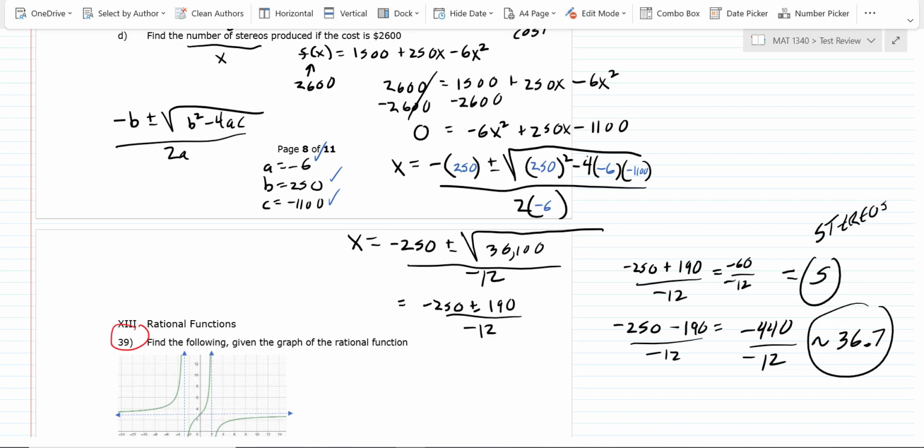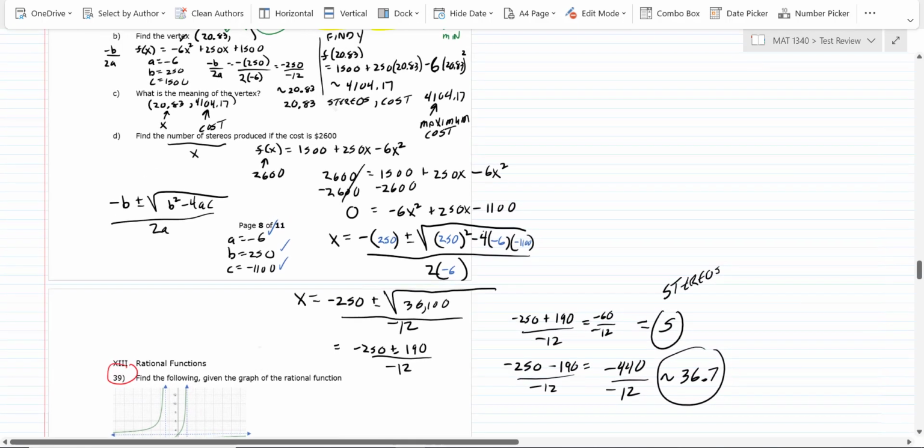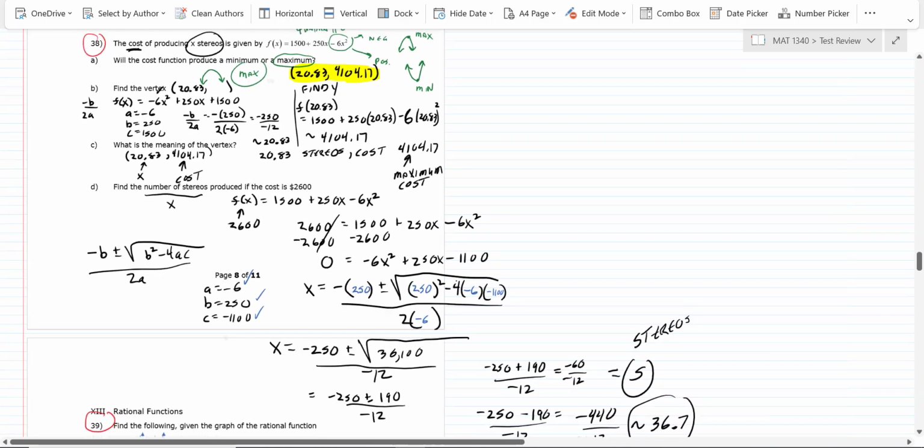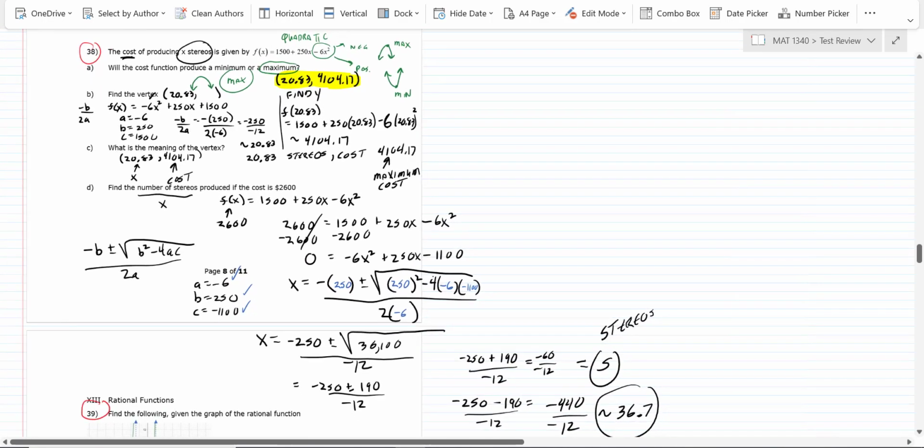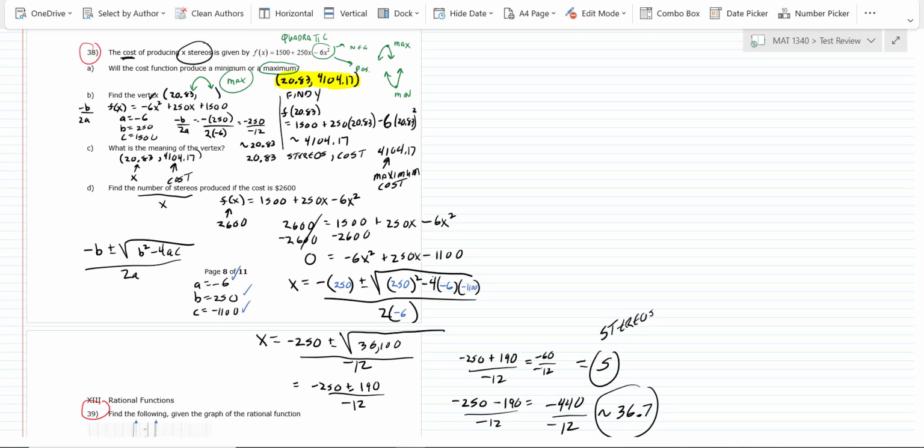What it would mean on this problem is, these are really going to be x-intercepts. 5 and 36.7 are x-intercepts. So if you're less than 5, it's going to be below the x-axis, so your cost gets into negative amounts, which makes no sense.